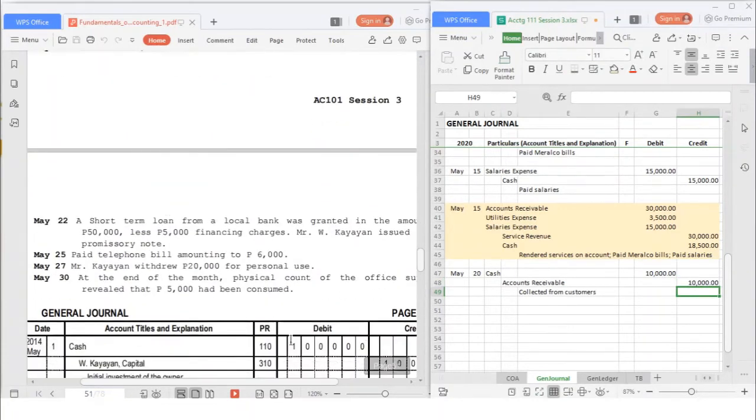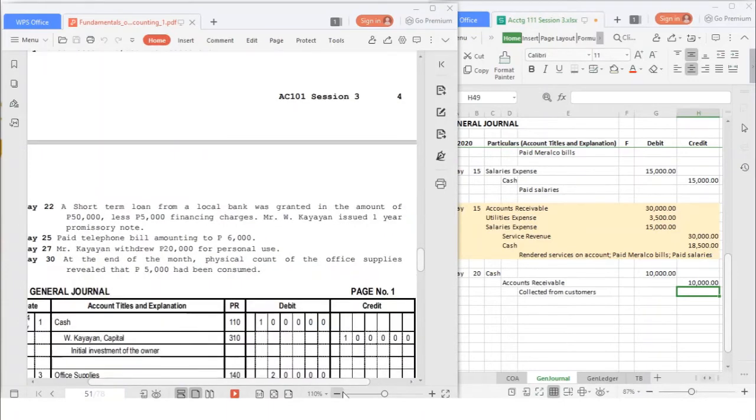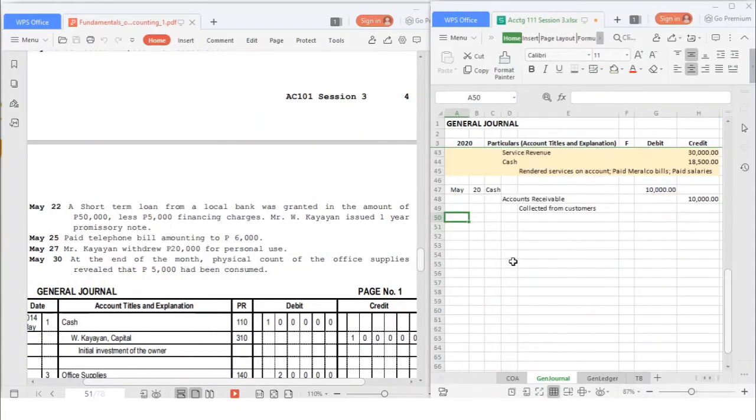Next, we have May 22. A short-term loan from a local bank was granted in the amount of 50,000, less 5,000 financing charges. Mr. Kayayan issued a one-year promissory note. So, which accounts are affected?